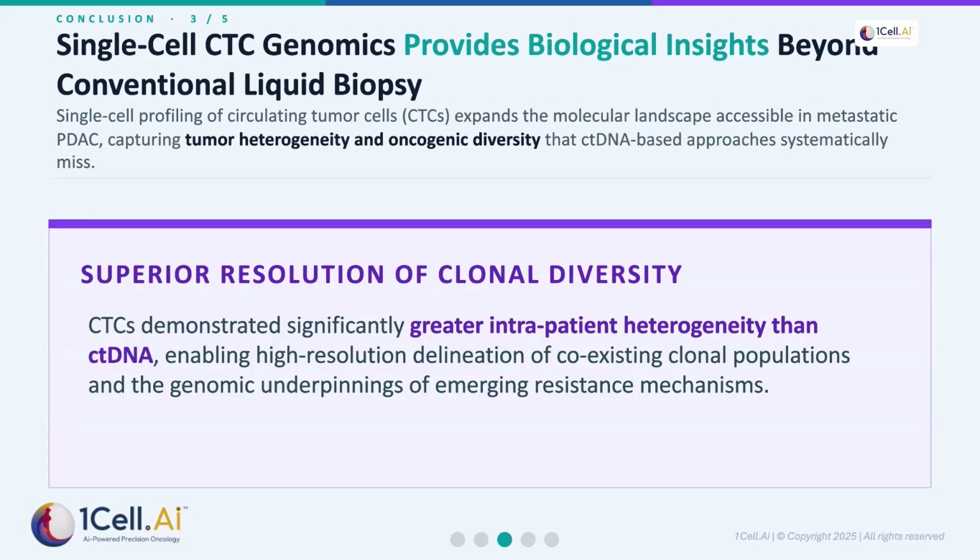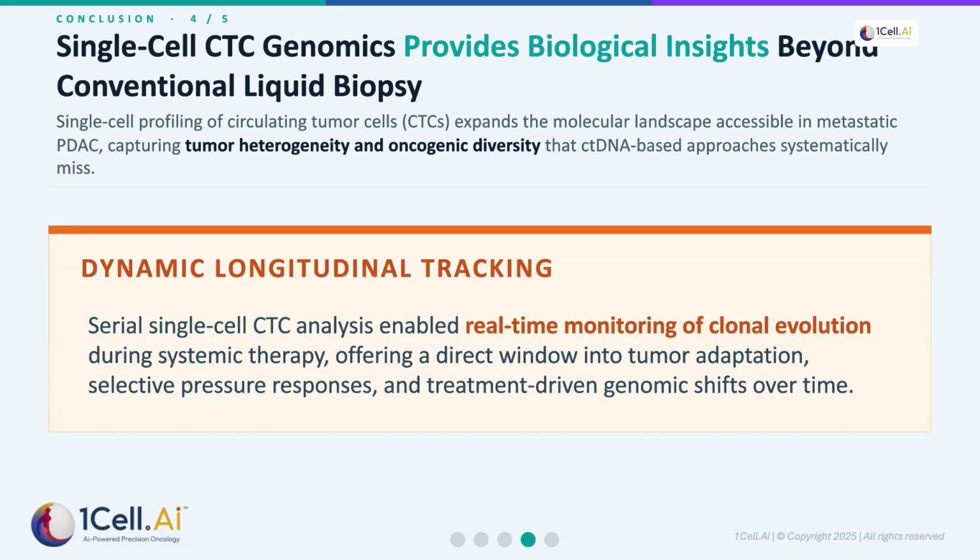And CTCs enable this high resolution delineation of coexisting clonal populations and the genomic underpinnings of what is probably emerging resistance mechanisms when we treat.